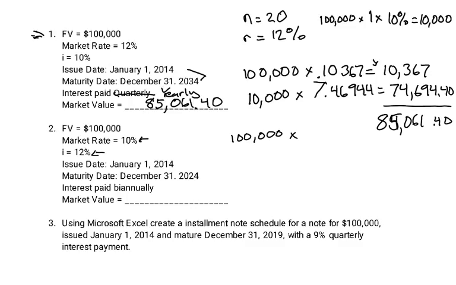Now here we have 10 years. So what we're going to do is find the periods. The periods are going to equal the years times two, since biannually means 2 payments a year. So you're going to get 20 periods, right?